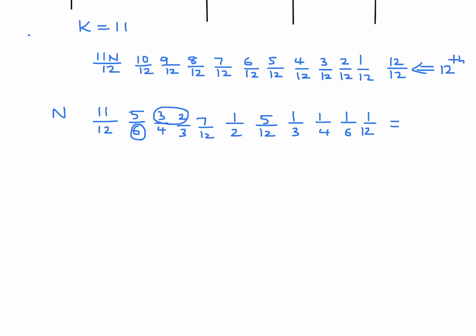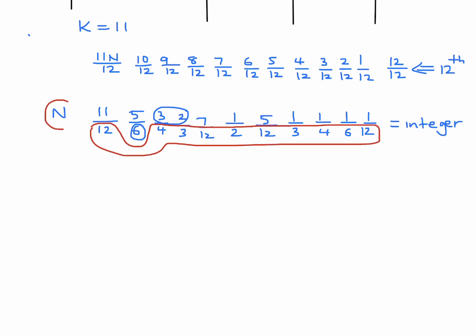So in order for this to be some integer, and we want n to be as small as possible, we want basically this remaining denominator to cancel out with n, since that is in the numerator. If it cancels out, the only thing that will be remaining are these numbers right here.